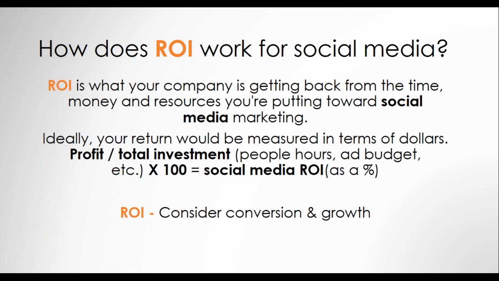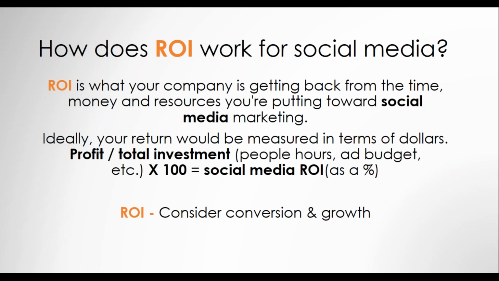So how does ROI work for social media? Well, quite simply, we're looking at the return, and this is measured in the actual pound signs, the dollars, the amount of money you're actually earning. Now, we deal with people globally, so it's all to do with whatever currency you're working in.